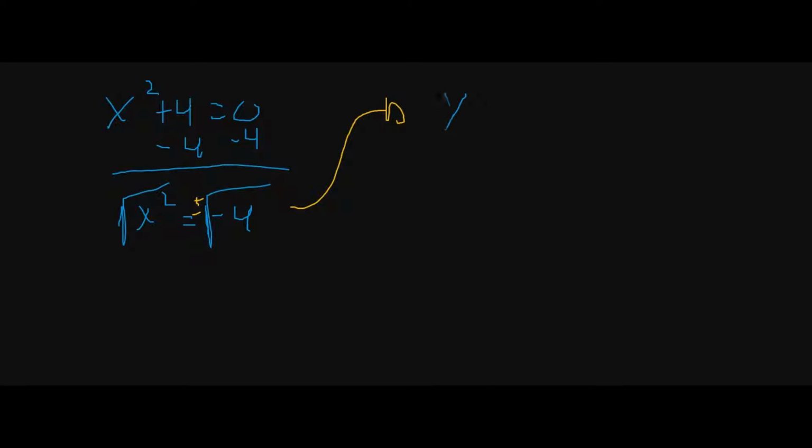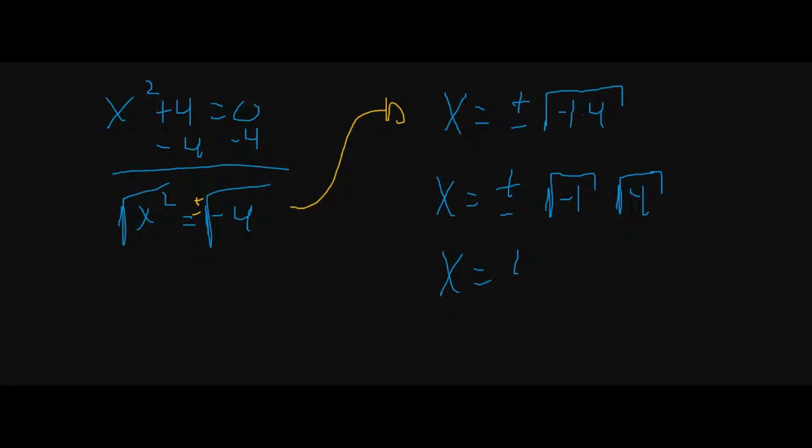We get x is equal to plus or minus the square root of -1 times 4, which is plus or minus the square root of -1 times the square root of 4. So x is equal to plus or minus i times 2. This is imaginary numbers, plus or minus 2i.